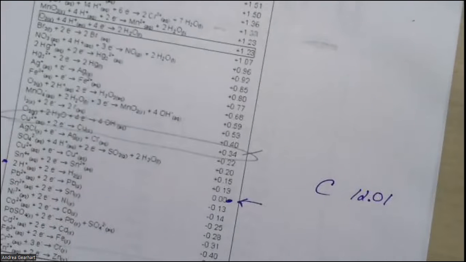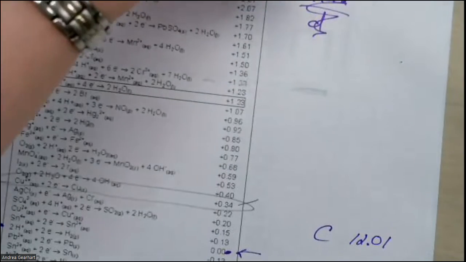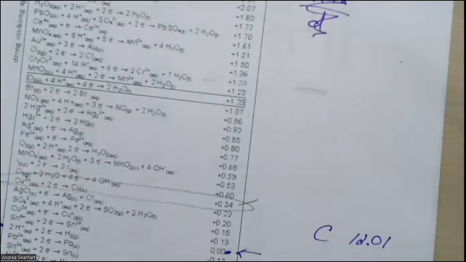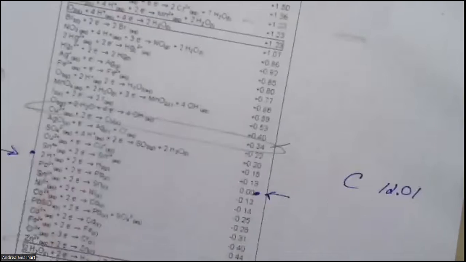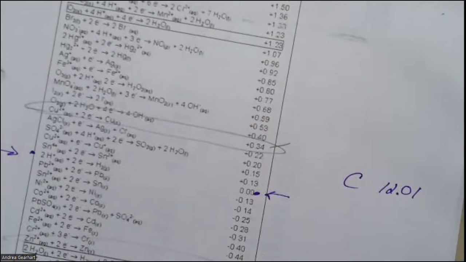Okay, but they are intensive. These are volts, joule per coulomb. It is not joule per mole of reaction like our thermodynamic quantities. So remember, in thermodynamics, if we would flip a reaction, we would reverse the sign on enthalpy.